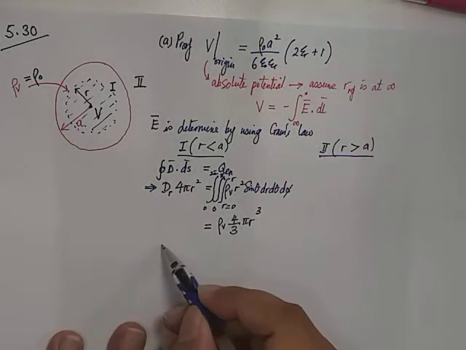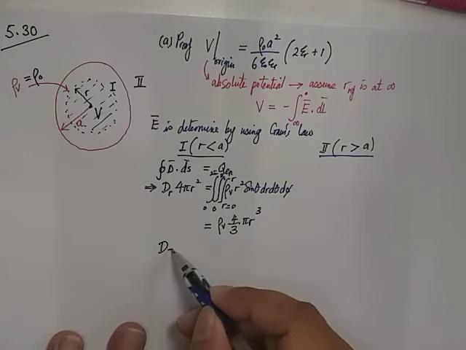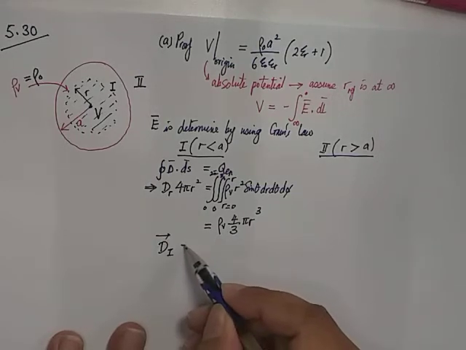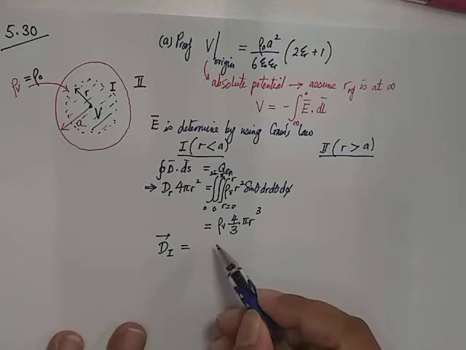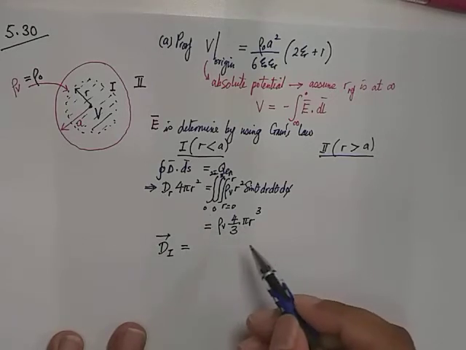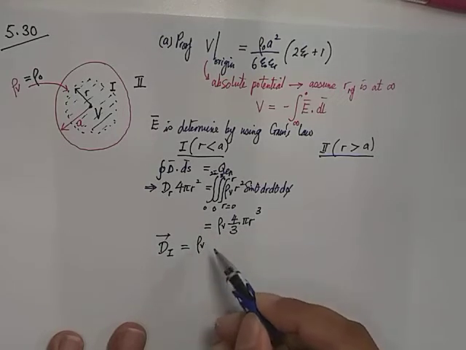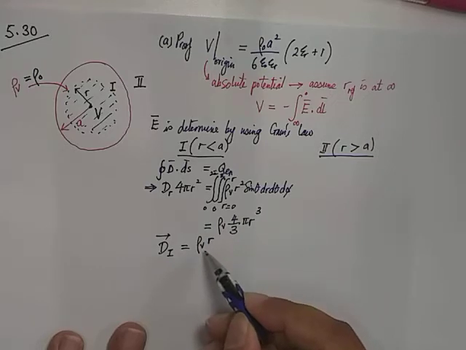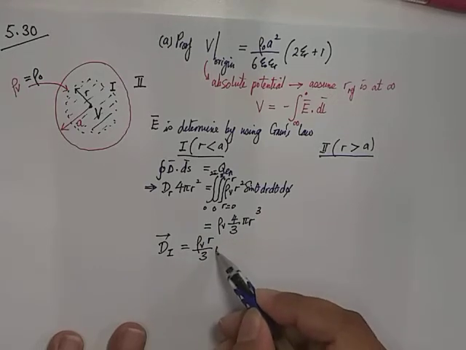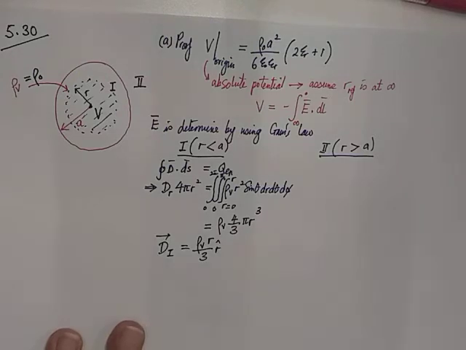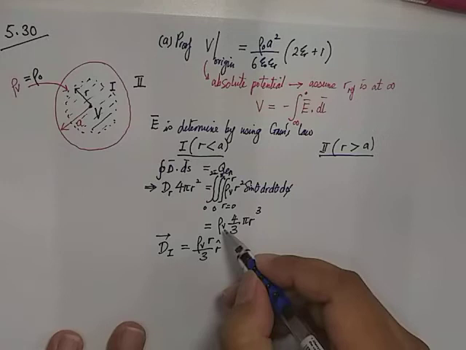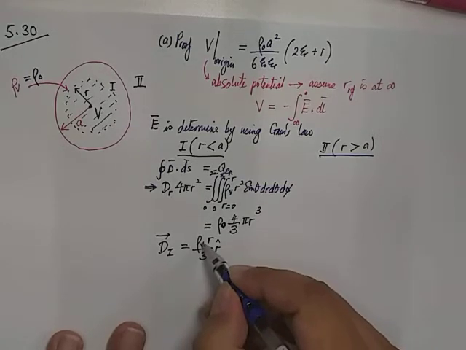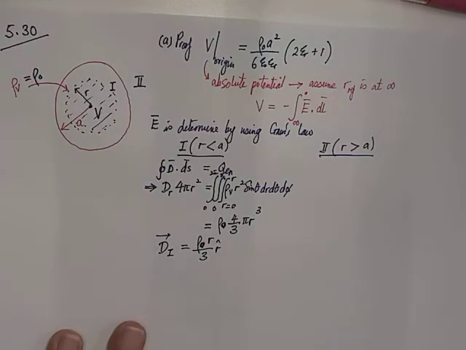So now our D1 should be equal to, we can cancel the 4 and the pi, rho v r over 3 in all directions. I'm going to put rho naught now, because what we have is rho naught r over 3 in all directions. That should be for D1.